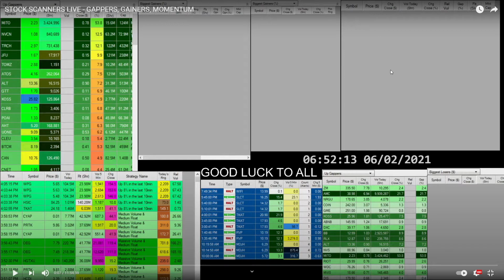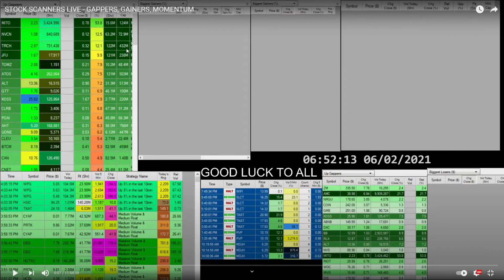So I'm going to start with the up gappers, which you see in the top left corner, and you see that every morning before the market opens. The up gappers scanner is a gapper scanner, the biggest gaps from the previous close based on percentage.